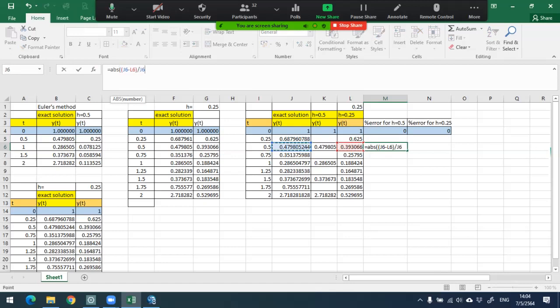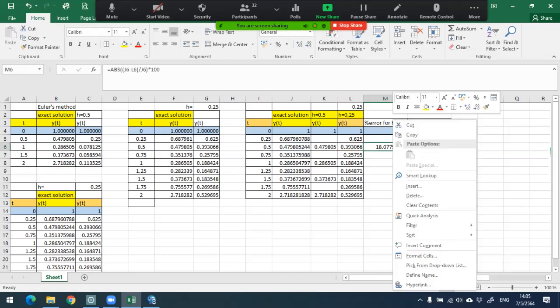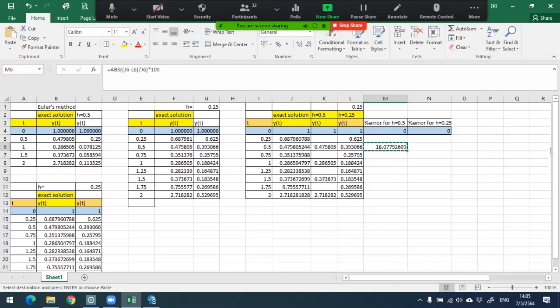We have to find the percent error with respect to the exact one. So the error is of 18%. Oh, sorry, it's not correct, so it should be here.